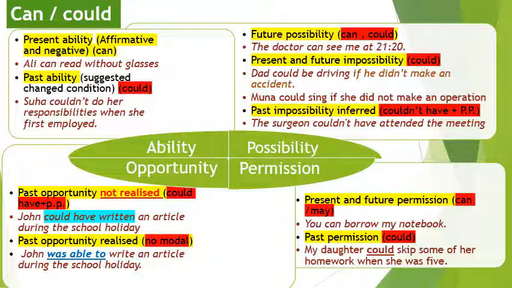As to the third meaning, which is opportunity, I don't think that we've got a big problem with it, because past opportunity, which is not realized, consists of could plus have and the past participle form of the verb. For instance, if you had time and you didn't make use of it, you were supposed to do something instead of watching TV, you could have done your homework.